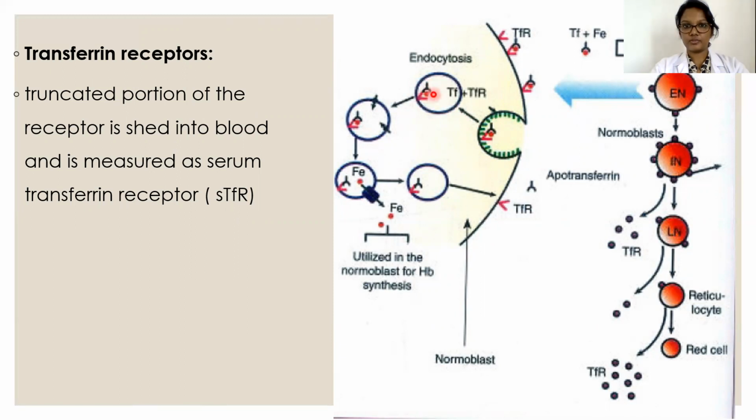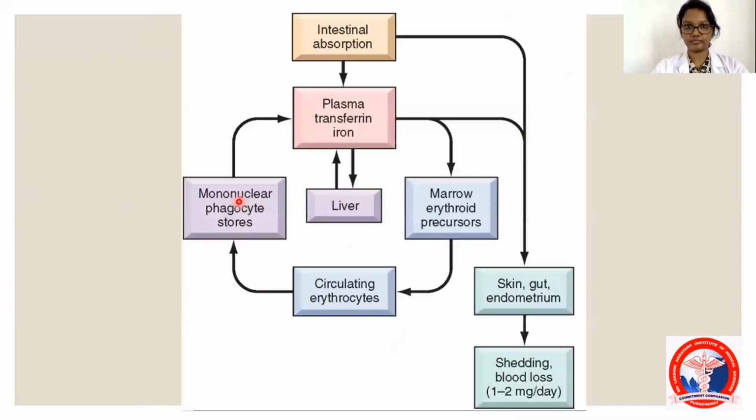The iron is utilized, whereas the receptor is recycled back to the surface of the erythroid cell. And as the erythroid precursor matures into an intermediate normoblast to a late normoblast, that's when the transferrin receptor is released into the circulation, and that truncated portion of this transferrin receptor can be measured as serum transferrin receptor. Okay, so this is another chart taken from Robbins, which shows iron metabolism.